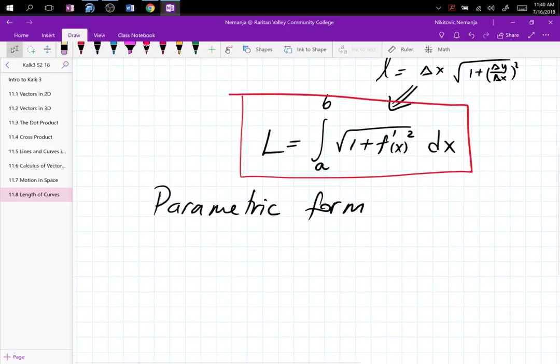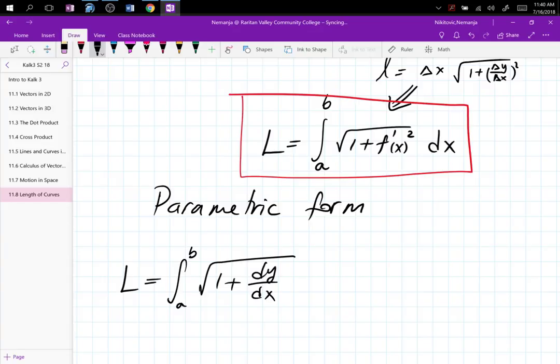Now, for the parametric form, I'm going to transform the problem that I have from before. So I'll say L equals the integral from a to b of the square root of 1 plus dy dx, and I'll leave this as dy dx. I use the Leibniz notation. I'm going to multiply this by dt over dt. So that's the way I fix this.